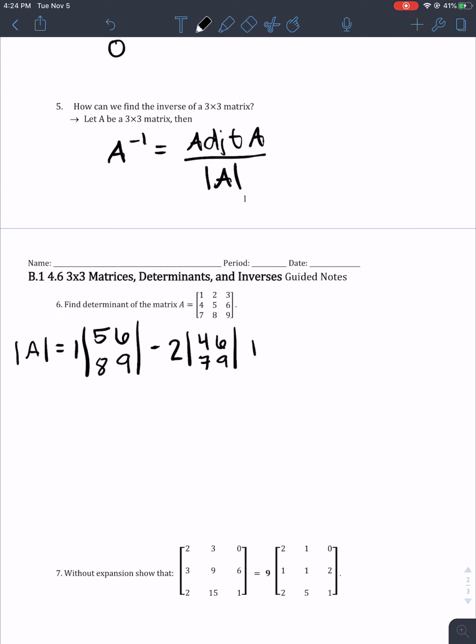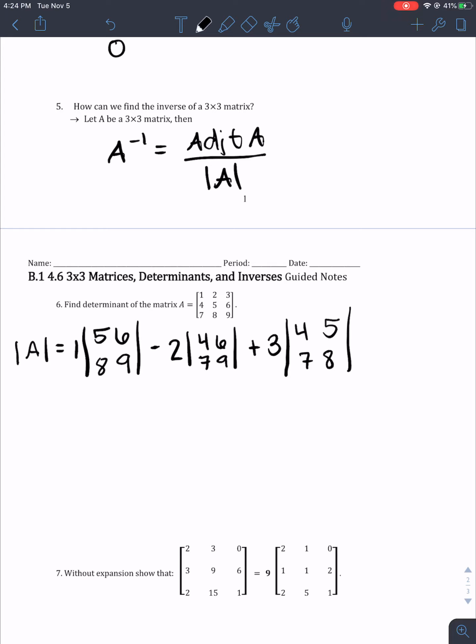And then we're going to add our first row, third column element, and to find the determinant of this 2 by 2 matrix, we use the not highlighted. All right, so that's how you set that up.